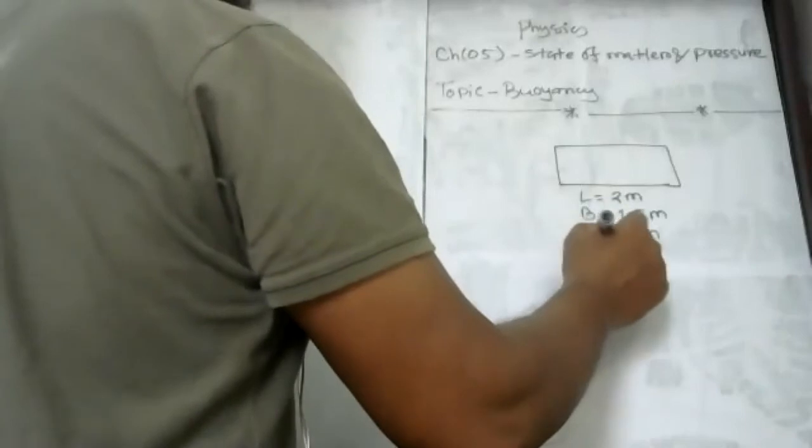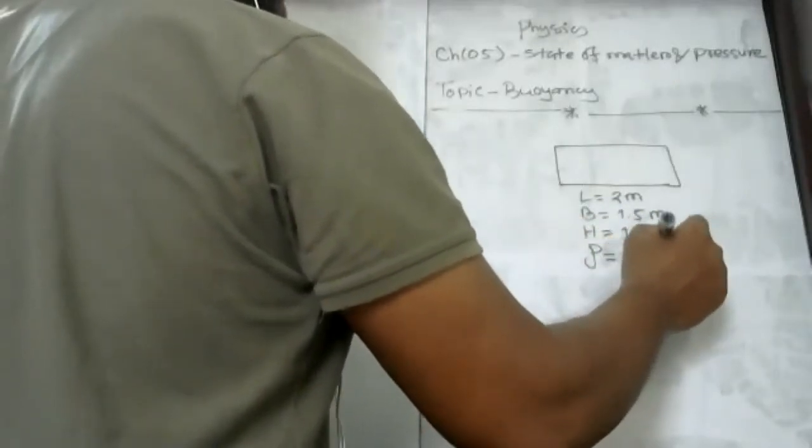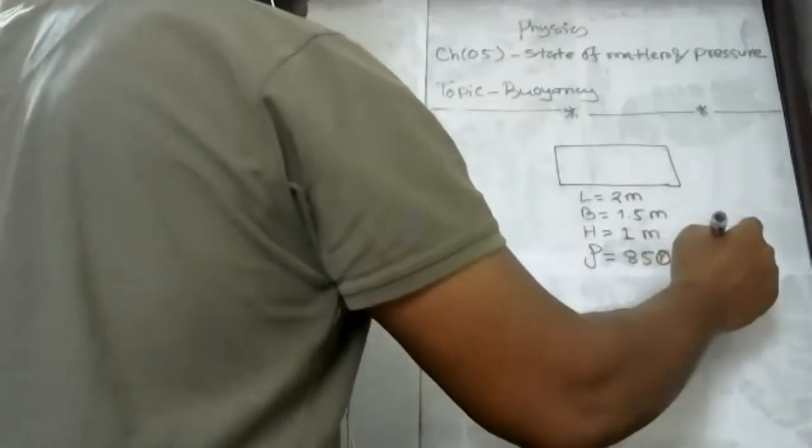I'm going to put this body inside liquid, and this body has density rho equal to 850 kg per meter cube.